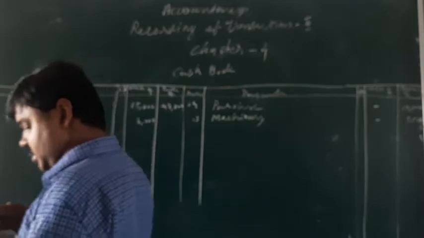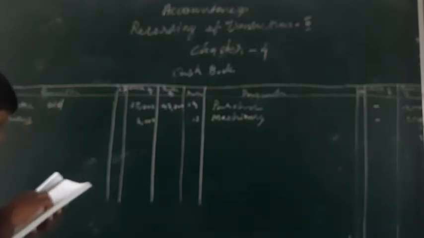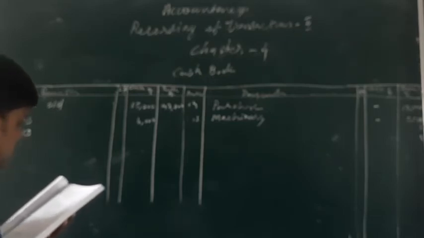Next you can see on 16th, sold goods and received check, deposited the same day. On 16th, one sale has taken place. So we write sales here because we are getting money through sales. It says received check and deposited the same day.